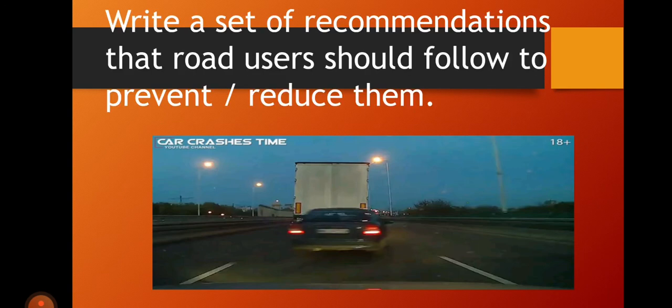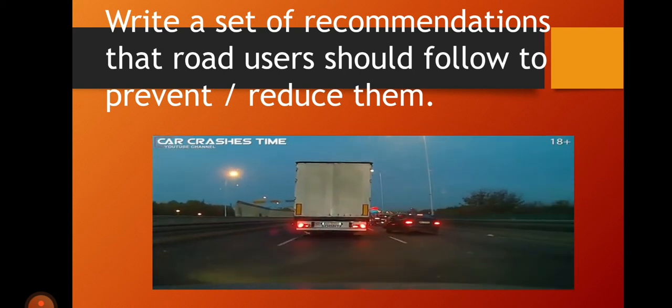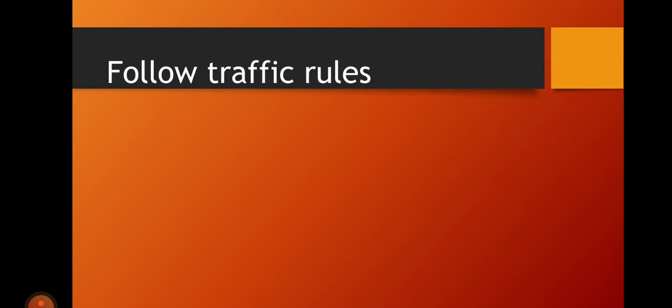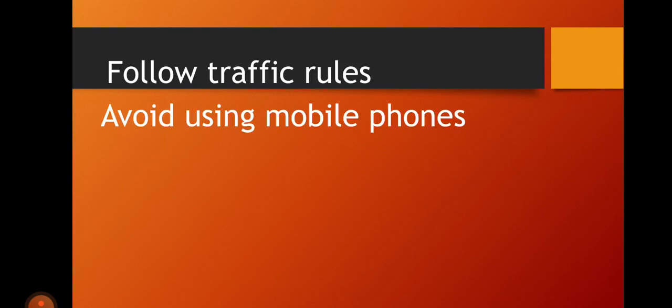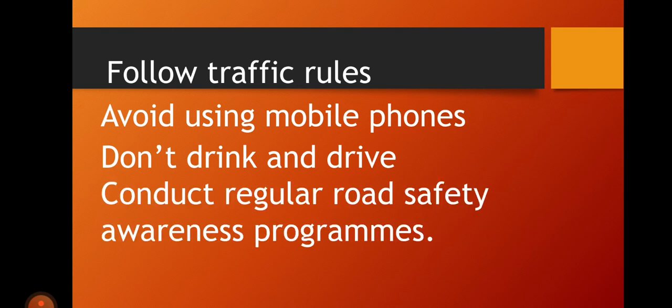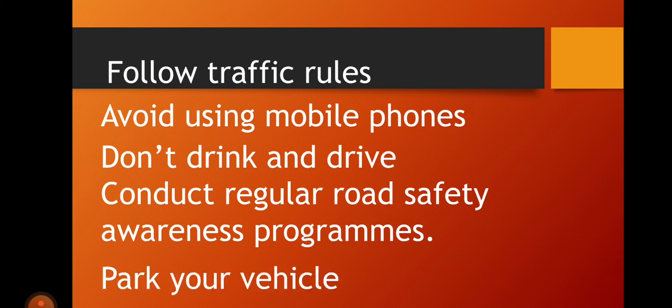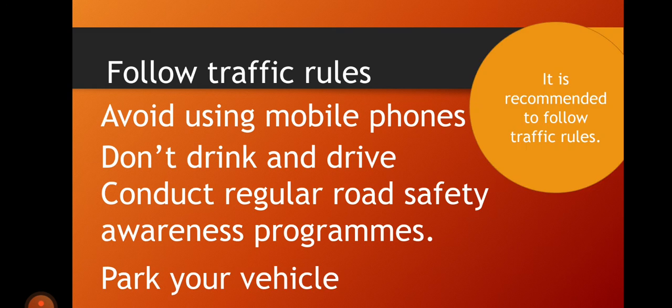Now we'll move on to the next one, that is the second format. Write a set of recommendations that road users should follow to prevent and reduce road accidents. Follow traffic rules, avoid using mobile phones, don't drink and drive, conduct regular road safety awareness programs. When you say follow traffic rules, you can write it is recommended to follow traffic rules.